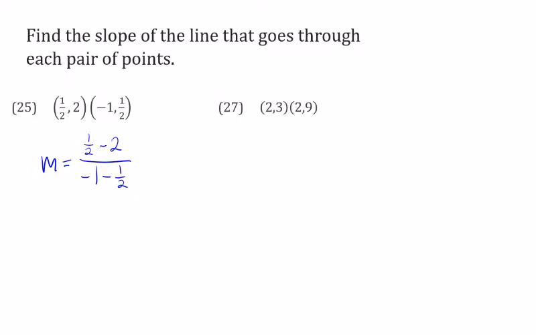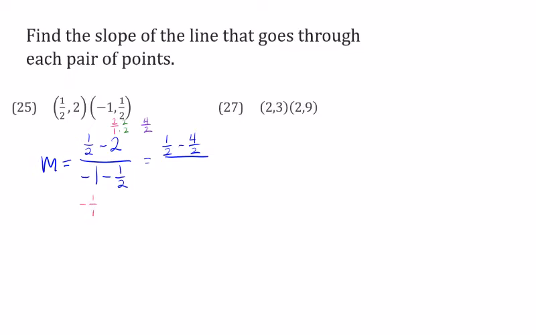I can do some mental work here real quickly. 2 is 2 over 1, and I can get a common denominator easily by multiplying 2 on top and bottom, so that turns into 4/2. I can think of this as negative 1/2 minus 4/2. Similar thing on the bottom, negative 1 over 1.